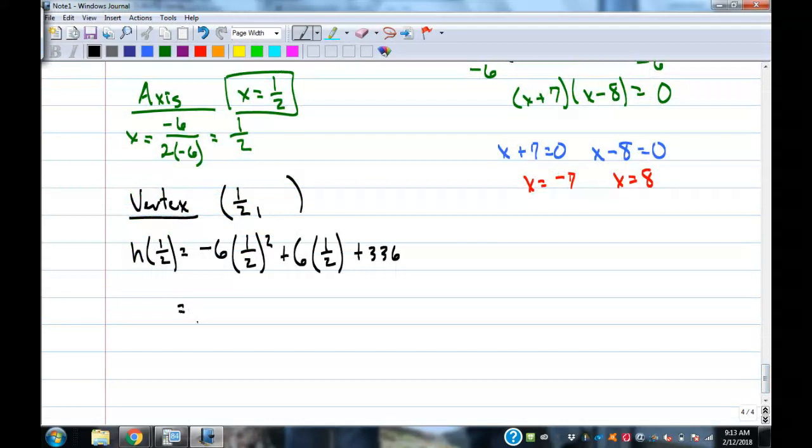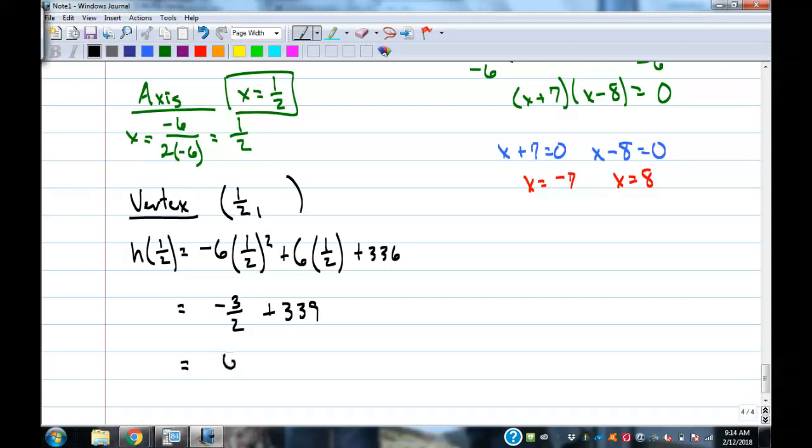So 1/2 of 6 is 3. 3 plus 336 is 339. And then negative 6 times 1/4 would be negative 3 over 2. So we're subtracting 1 1/2 from 339. So 339 times 2 to get the common denominator is 678.